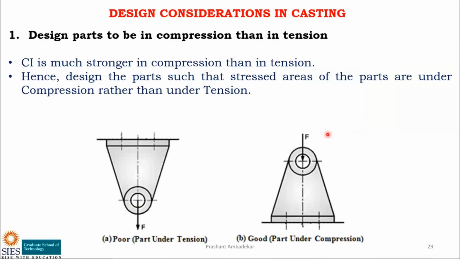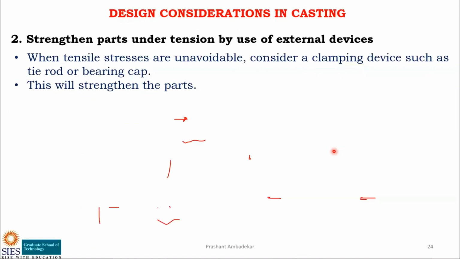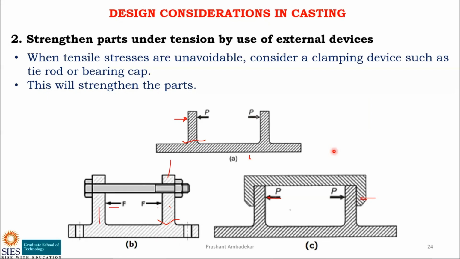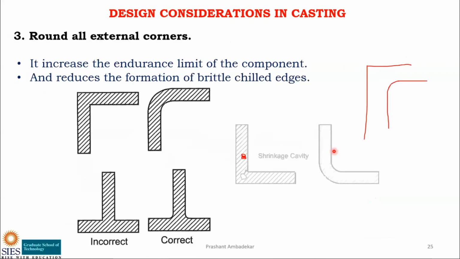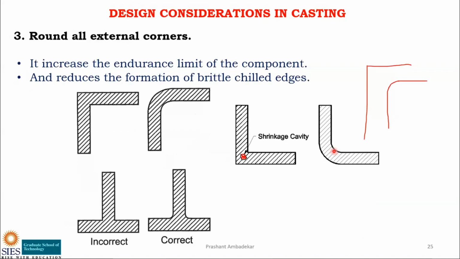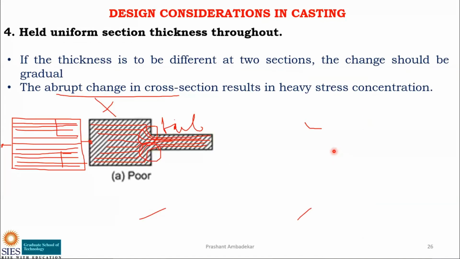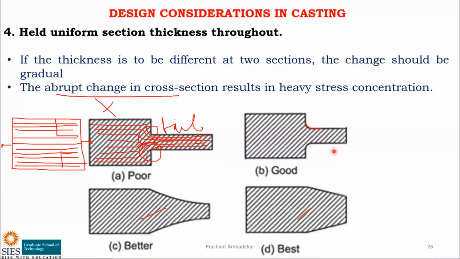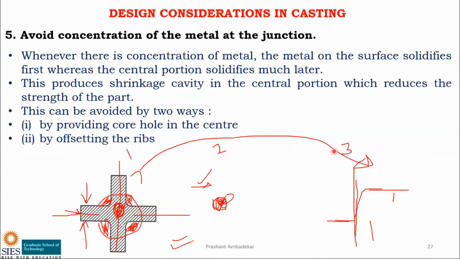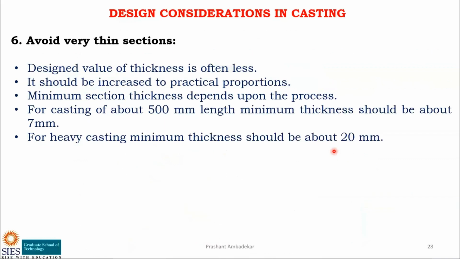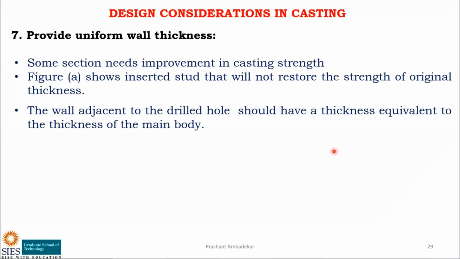be casted. So once again, design the parts such that they are in compression. Second is strengthen the part under tension by use of external device like this. Third is to round the corners. Shrinkage cavity should not be formed. Fourth is hold uniform section thickness throughout. Fifth is avoid stress concentration. So change the design. Sixth is avoid thin sections.